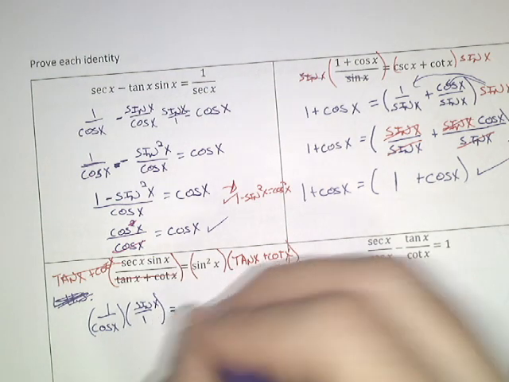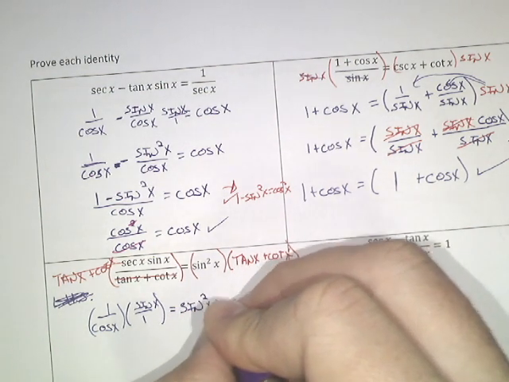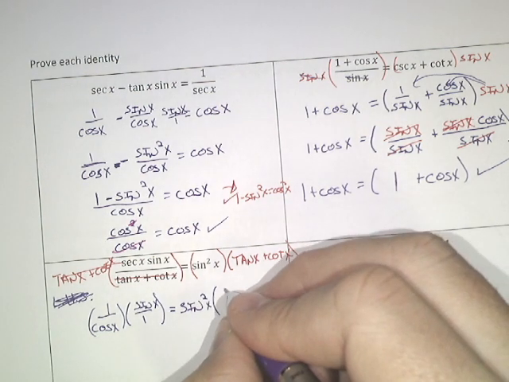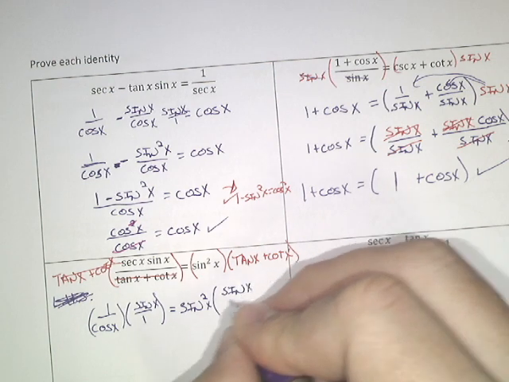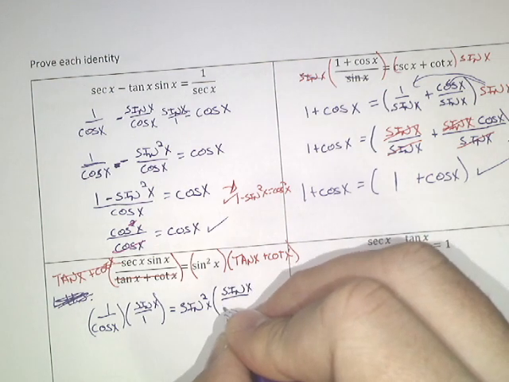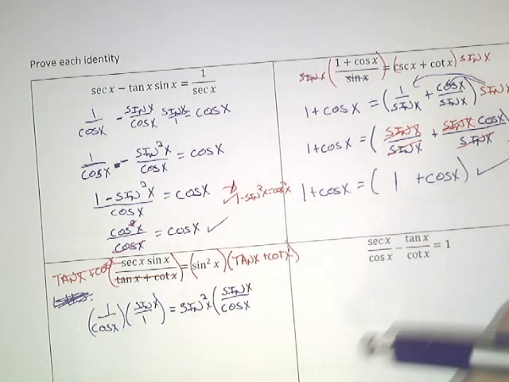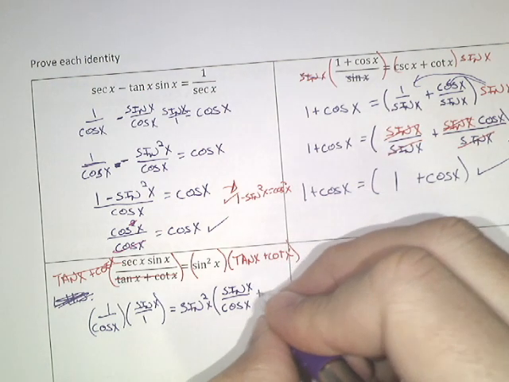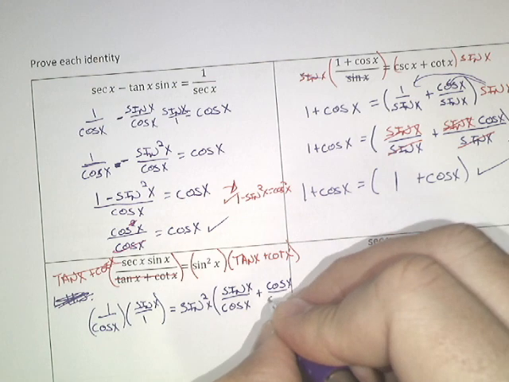and this is going to be equal to sine squared x times tangent, which is sine x over cosine x, and cotangent is going to be cosine x over sine x.